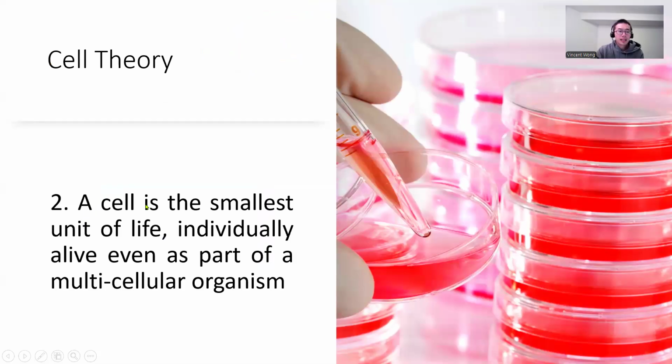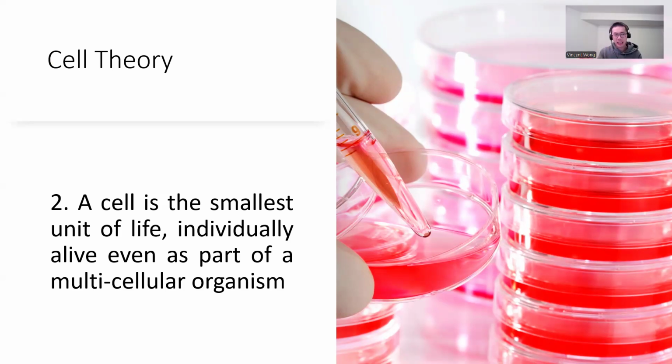Next part. A cell is the smallest unit of life. We know that already. Individually alive, even as part of a multicellular organism. Did you know if you collect cells from your body and put them in a dish, this is called a Petri dish, and then you supply them with some nutrients, that's what this red fluid is, the nutrients they need to survive, and then you put it in an incubator that's 37 degrees, your cells will be able to live outside of the body for some time.